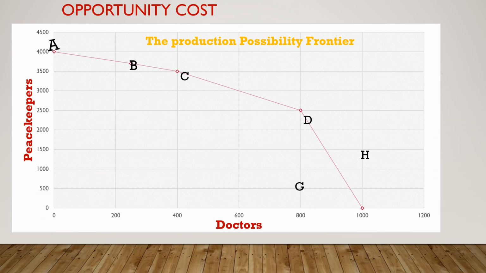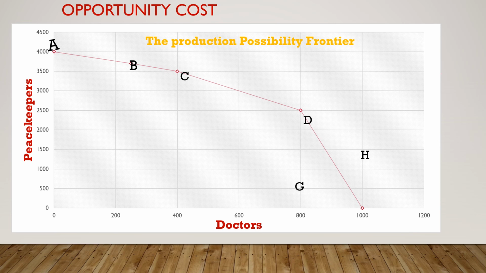This diagram also explains opportunity cost. Opportunity cost is a trade-off. If a country decides to give up 3,000 peacekeepers, reducing the number of peacekeepers by 3,000, that is the opportunity cost of that country producing more doctors, or vice versa.